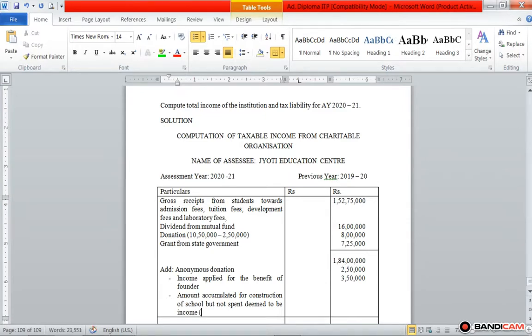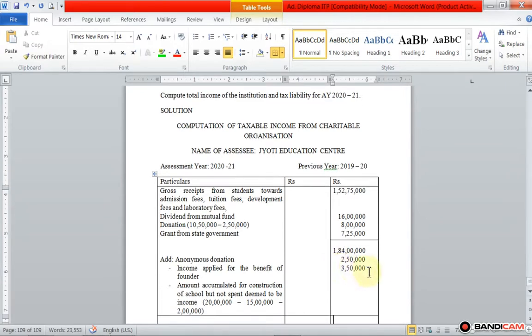So how to compute? 20 lakh minus 15 lakh purchase of land minus 2 lakh development of land. So the amount left with the trust is rupees 3 lakh.